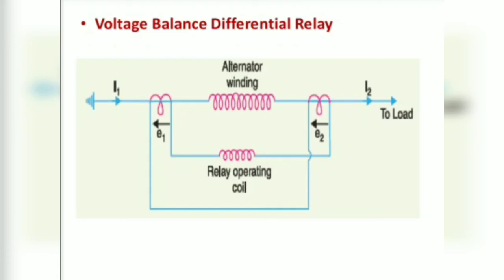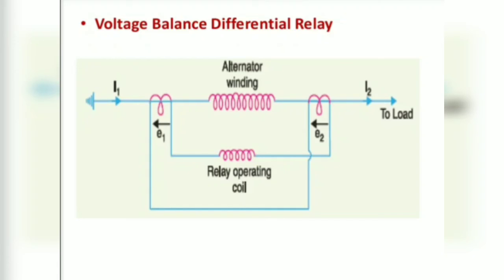But when a fault occurs in the protected zone, the current in the two primaries will differ from one another. So the values of I1 and I2 are not equal. It may differ depending on the situation, so I1 is not equal to I2, and the secondary voltages will no longer be in balance.